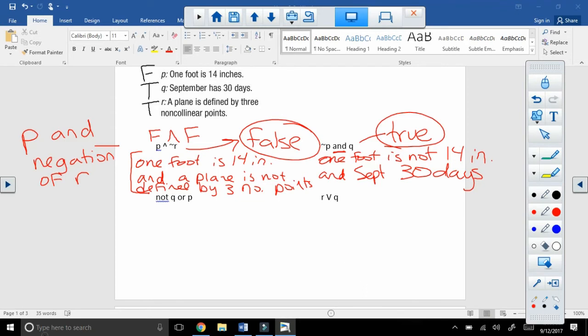And that's the only way that you can get an and statement to be true, is if both parts are true. Okay, for these or statements, remember for or statements, you really only need one or the other to be true. So this first part says not Q. So I'd say that 1 foot is not 14 inches, or, oh, I'm sorry.